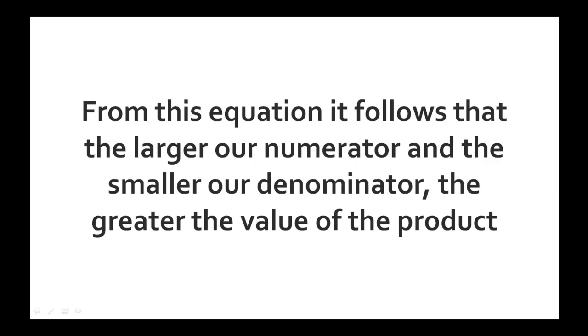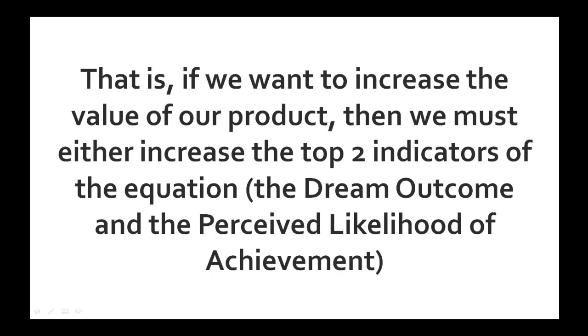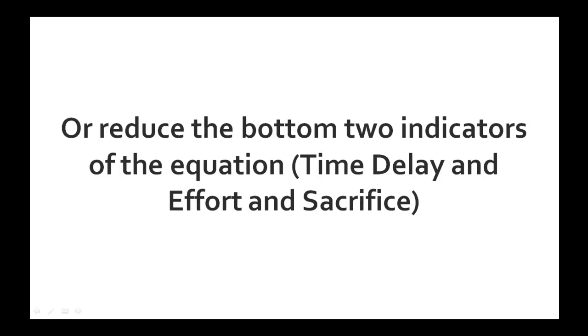From this equation, it follows that the larger our numerator and the smaller our denominator, the greater the value of the product. That is, if we want to increase the value of our product, then we must either increase the top two indicators of the equation, the dream outcome and the perceived likelihood of achievement, or reduce the bottom two indicators of the equation, time delay and effort and sacrifice.